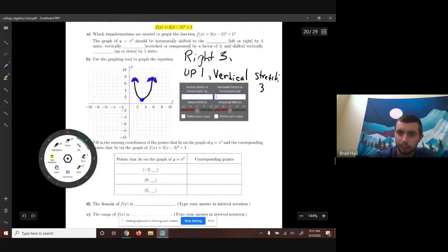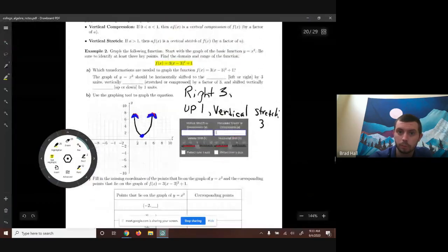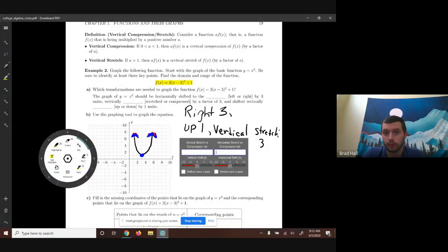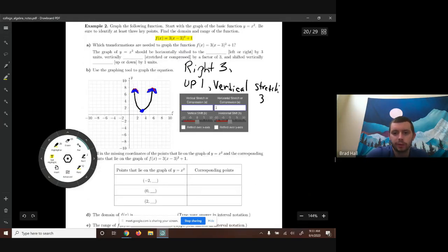Last time we talked about vertical stretching and compression. In general, we were talking about transformations of the graph: shifting, compression, and stretching. And we were doing some problems pertaining to those. In example 2, we managed to get down to using the graphing tool to graph the equation, and we get this quadratic here.